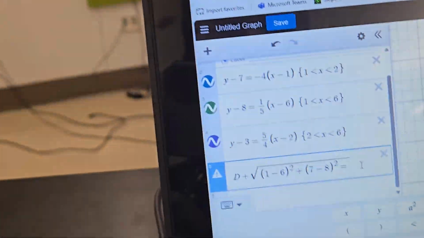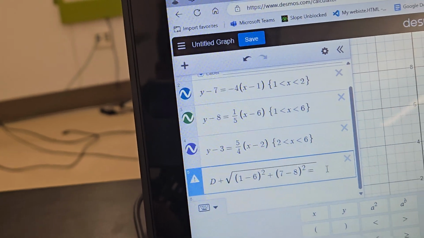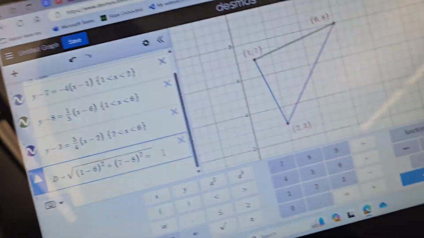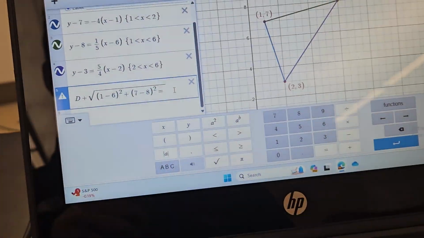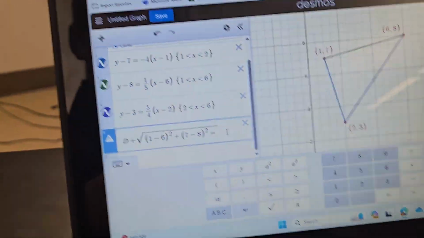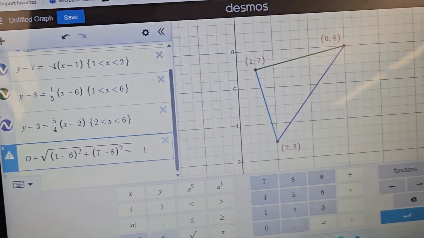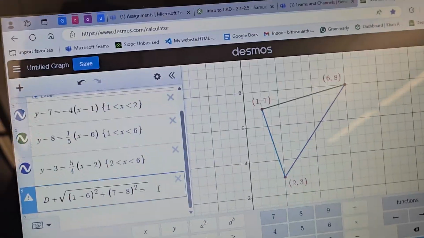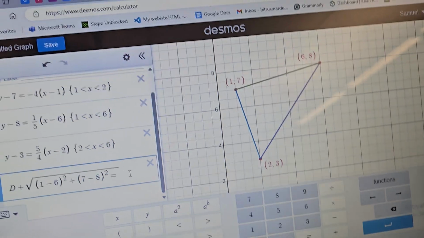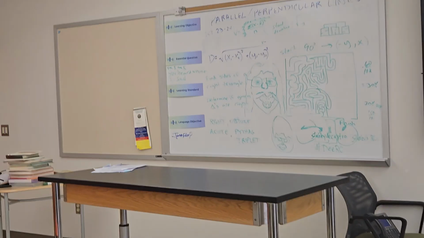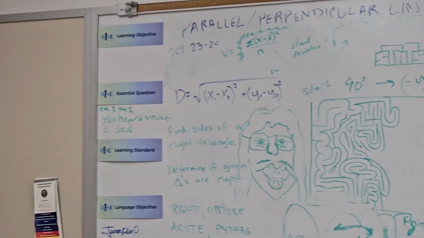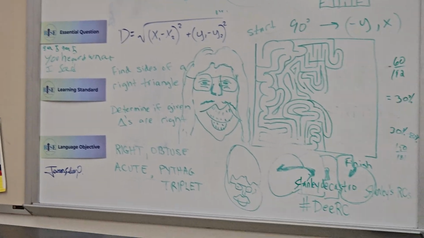I know some of you might be used to slope intercept form, but there's also point slope form, which doesn't involve the y-intercept. Right here is point slope form, and now once you have all of that, what you need to do is use the distance formula to find the distance of the 3 lines.